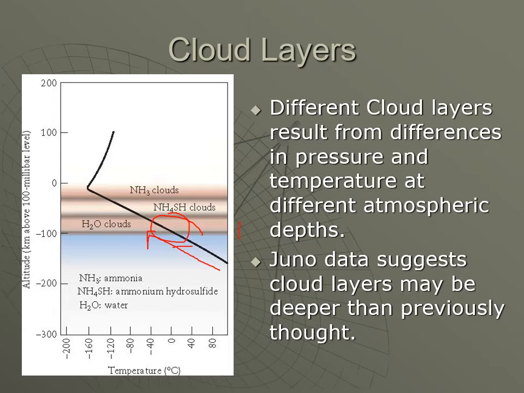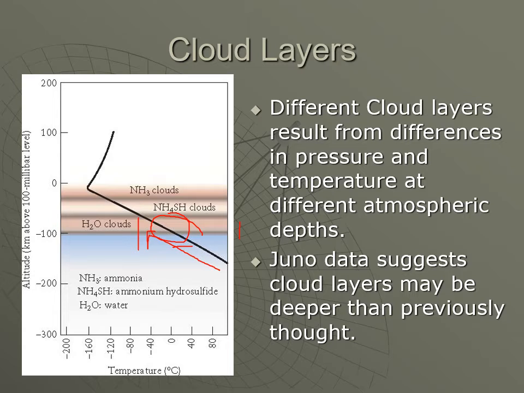Now, as you get higher and higher in the atmosphere, the pressure gets less and less, and the water vapor clouds become a little more difficult to get, and the temperature gets lower. At some point you get up here and the temperature is really very low, like dry ice temperatures almost, and at that temperature you get the ammonium hydrosulfide clouds.